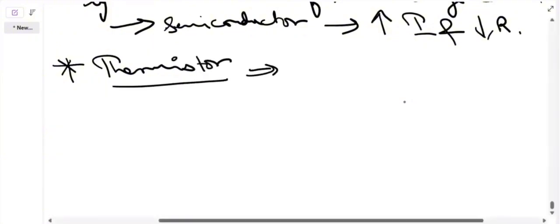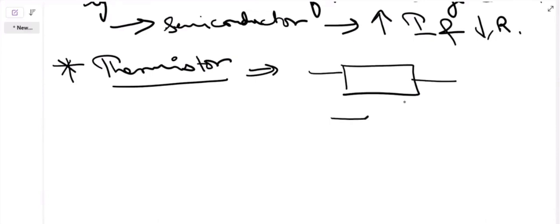What does the thermistor do? The thermistor has a symbol like this, and the line is straight. In the thermistor also it is a semiconductor device.